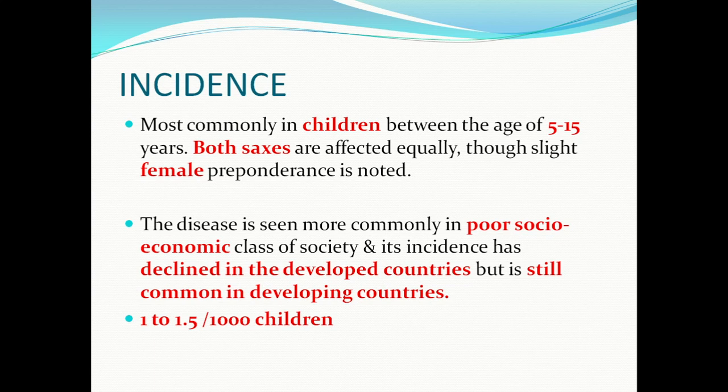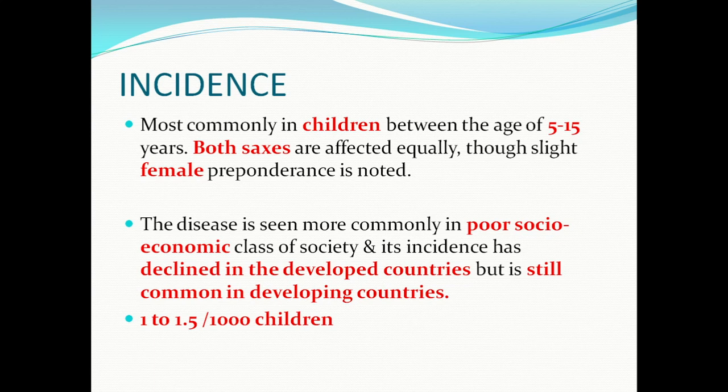The incidence is 1 to 1.5 per 1000 children. So in the incidence, the keywords are children 5 to 15 years, female preponderance, poor socioeconomic class, 1 to 1.5 per 1000 children.